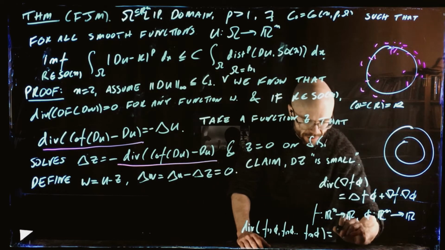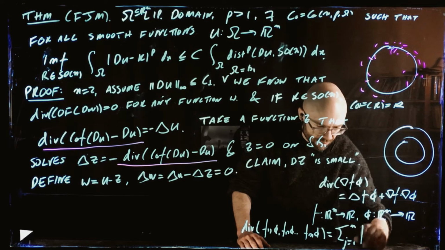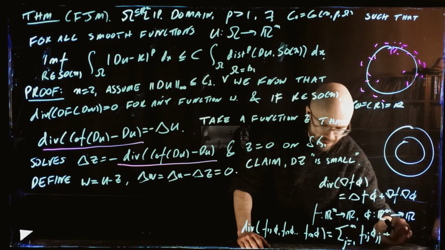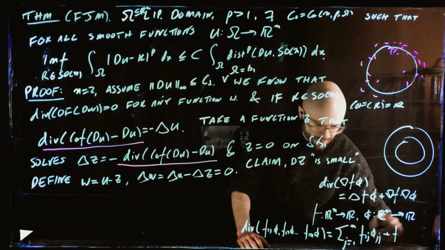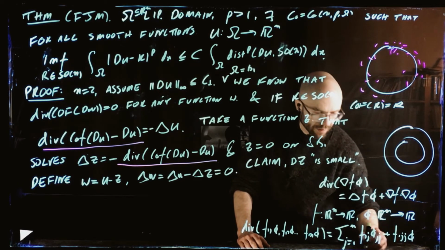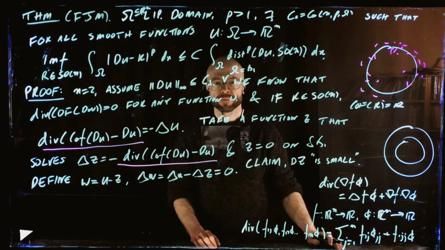So then this will give us the sum of terms, say j equal to 1 to n, of f comma j phi comma j plus f comma jj phi, right? Which gives us this. Yeah? Everybody with me? Yeah?